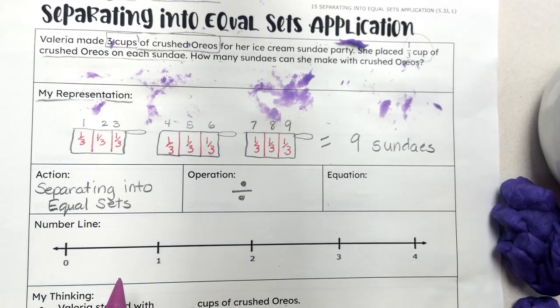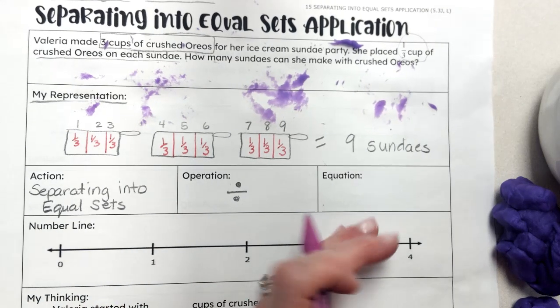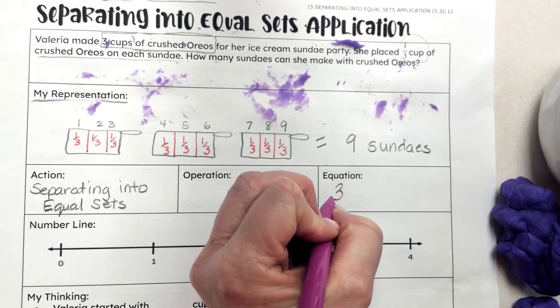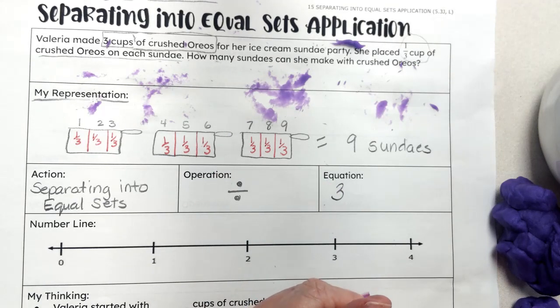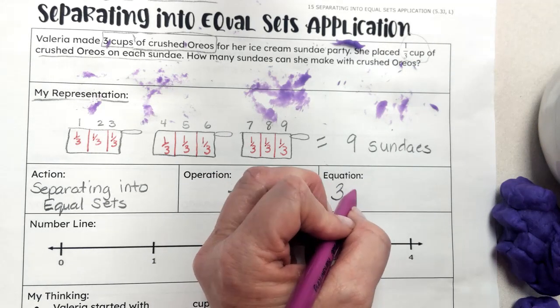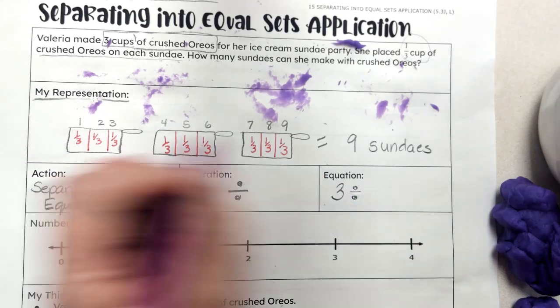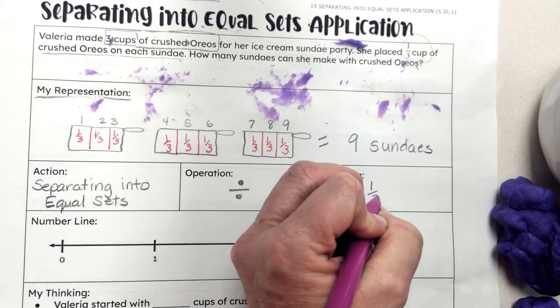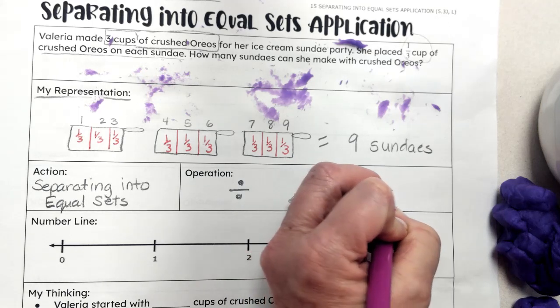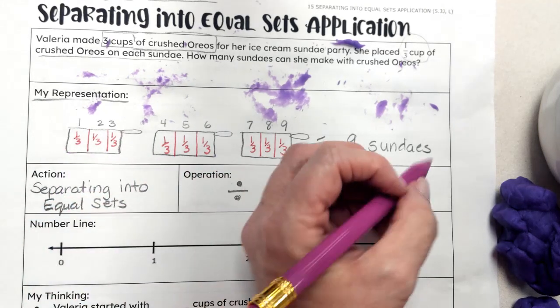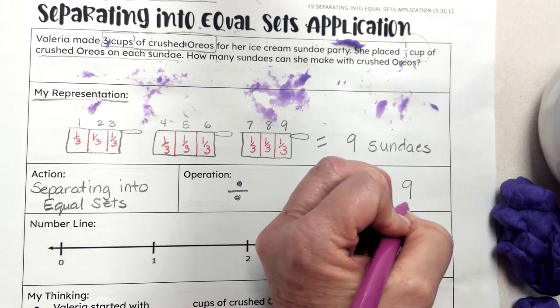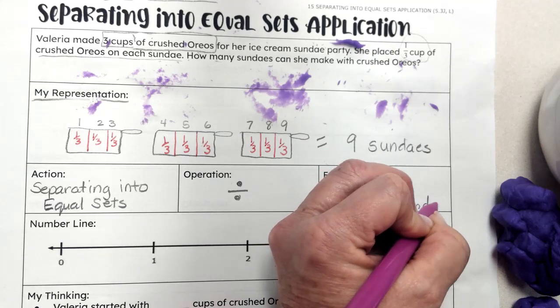And so our equation is, what is it that we want to divide? We want to take the 3, because that was the total amount that we have. And when we're dividing, we start with our total. We're dividing those 3 cups into 1/3 portions, 1/3. And then when we get our answer, we were able to get 9 sundaes.